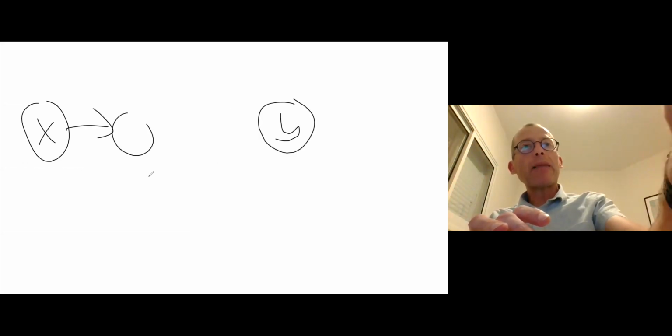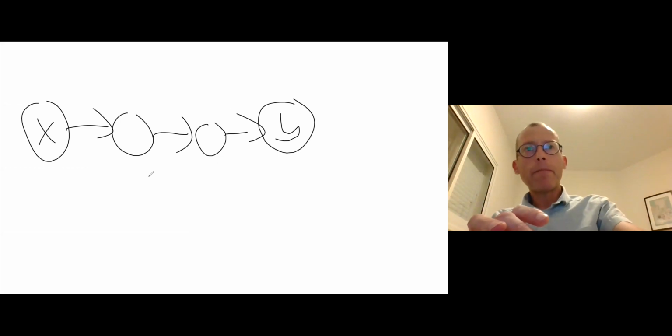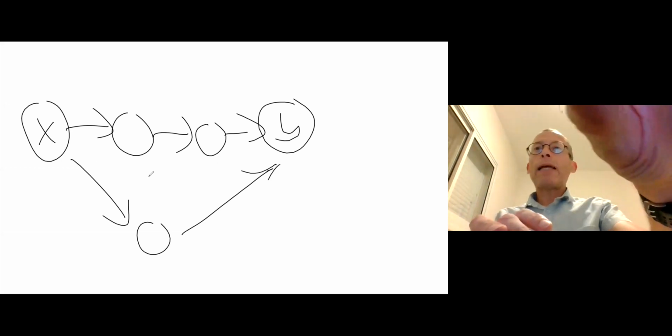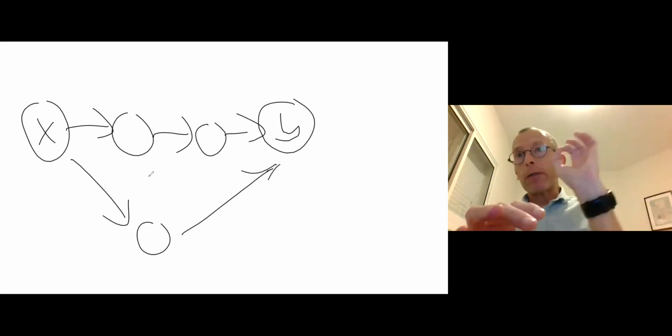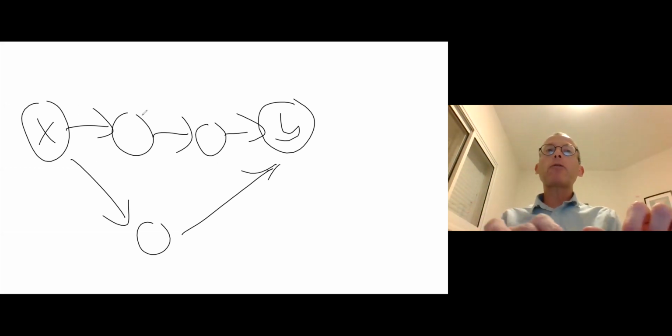If there is a path between them, which contains some nodes, okay, that's 1, that's 2, or whatever, and of course Z is empty, so we don't know anything about nodes in this path, then these two are connected, okay? So this is called a directed path between X and Y.